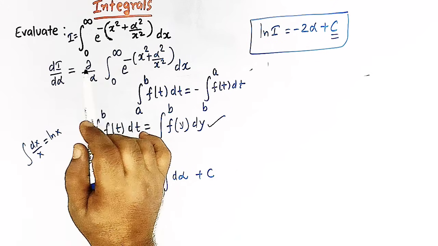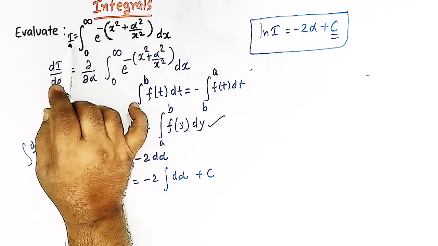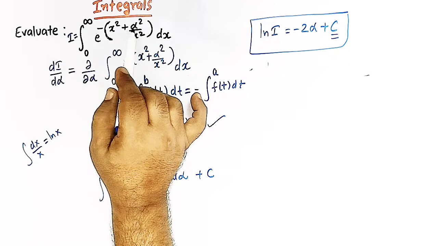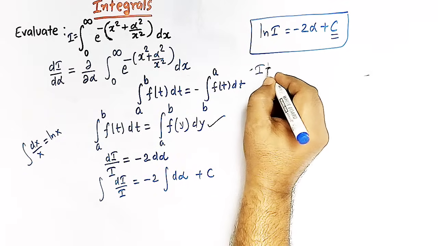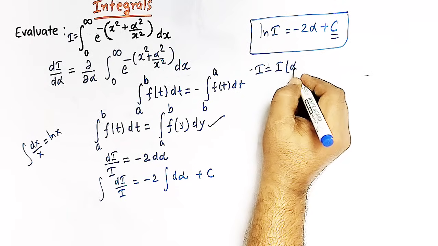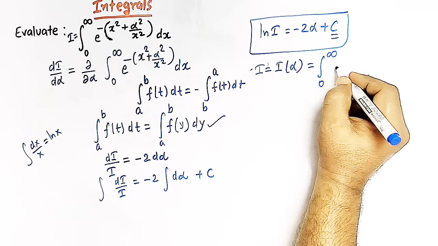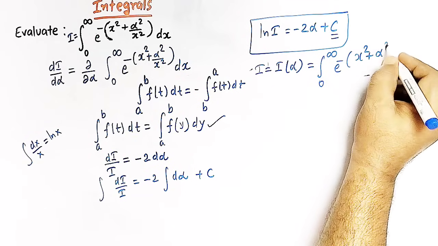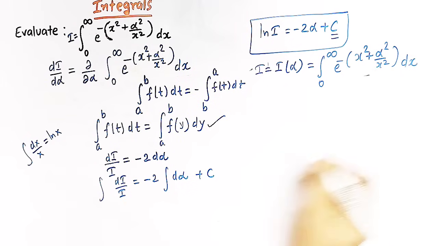So let us now again look at this integral. So here this integral I is taken as a function of alpha. That is, we can write this integral as I is equal to I of alpha, and we have 0 to infinity e raised to minus x square plus alpha square over x square, and here we have dx.